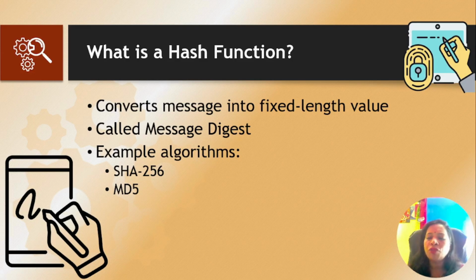SHA-256 generates a 256-bit hash value and MD5 generates a 128-bit hash value. Even a small change in the message will produce a completely different hash value. This property helps us detect any modification in the message.